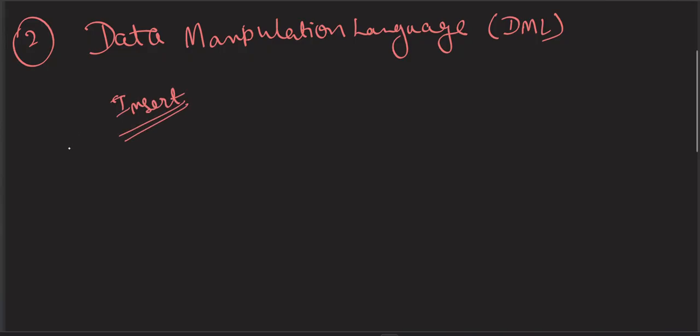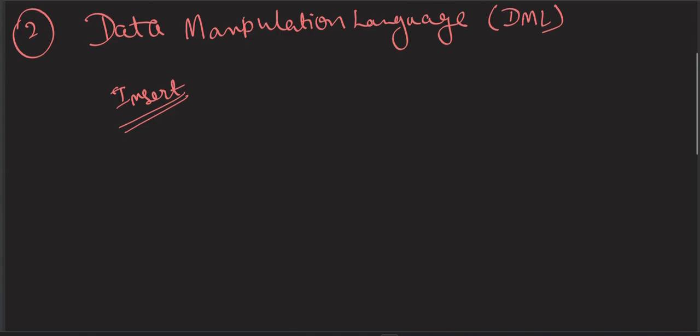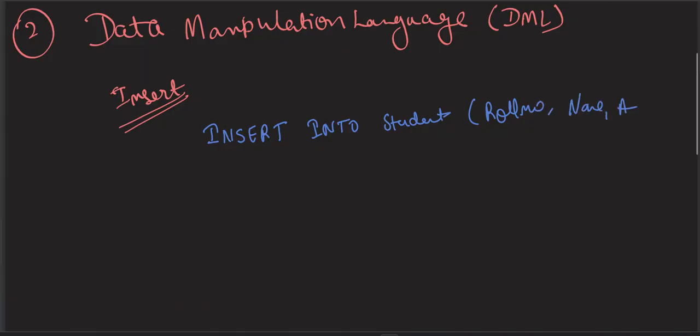Okay. So to add a new record, you are using the insert command. So let's see the SQL query for this. Insert into table name, which is student, and roll number, name, age, and value.